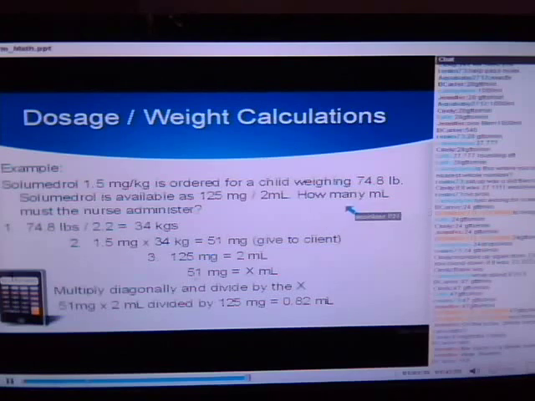And on hand, we have 125 equals 2 milliliters. This didn't come out right when I uploaded it. So, if we multiply, okay, you guys know how to do this. Multiply diagonally and divide by the x. I don't know why this didn't come up right. I'll put it here, 125.